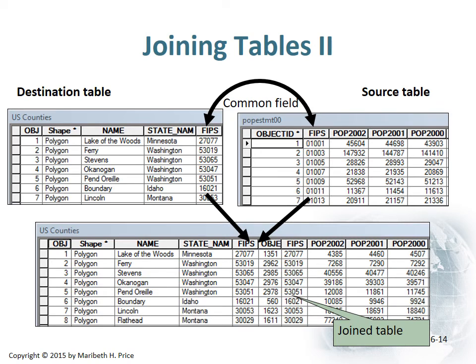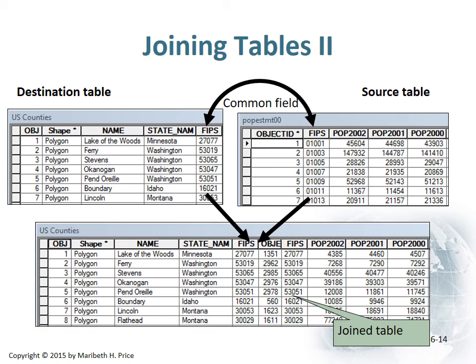So here's another example using FIPS codes. If we have FIPS codes in common between the tables, FIPS is a numbering sequence used by the U.S. Census. We've got our destination table or our original table. We've got a source, the one that we're bringing information from.